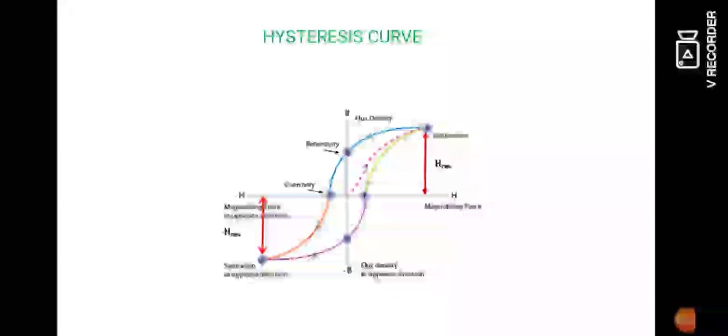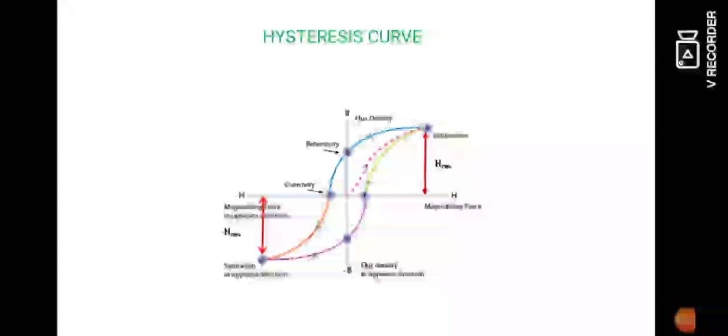Now, when the external magnetic field H is slowly increased, the magnetic induction B also gradually increases and reaches the maximum value A. That is the saturation value of B. When H is maximum, B also reaches maximum.